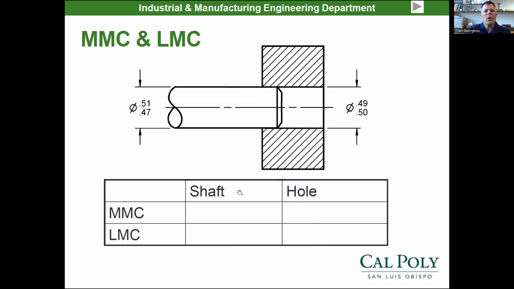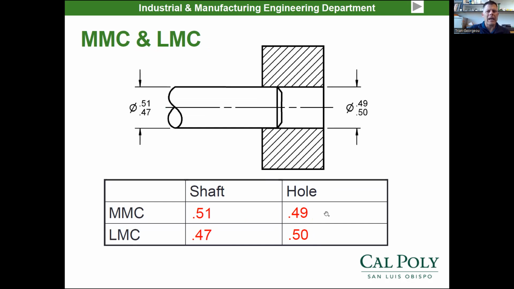Now, the maximum material condition of my shaft is 0.51. Then the maximum material condition of the hole is the smallest size, 0.49. The least material condition of the shaft is the smallest size, 0.47. And then my hole is 0.50.